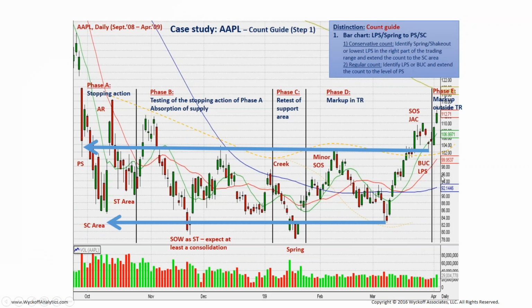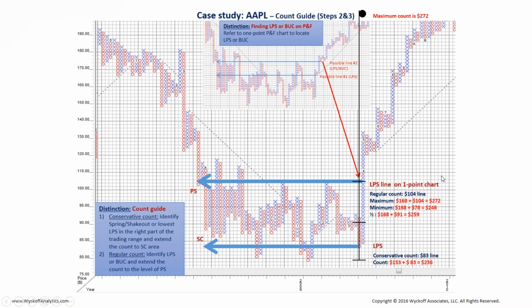Let's see how it's going to look on the point and figure chart. And we should mention right away, this is a 3-point reversal chart. It's also a $1 box size before $100, and after $100 we have a 2-point box size.